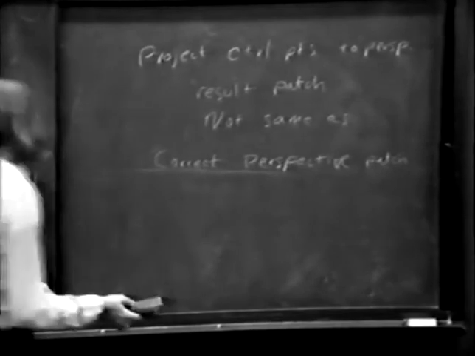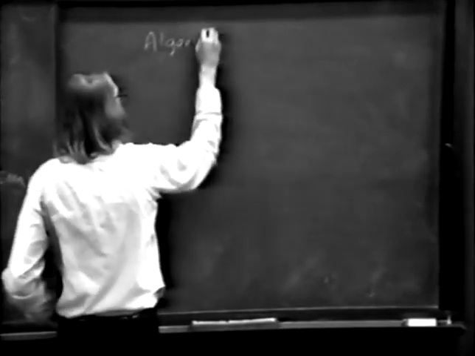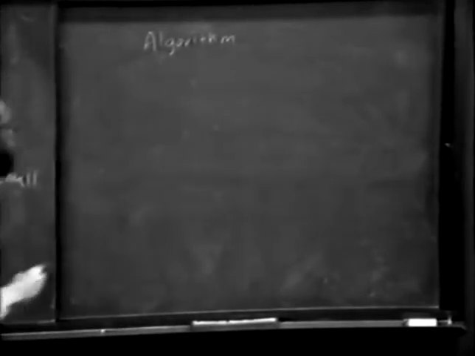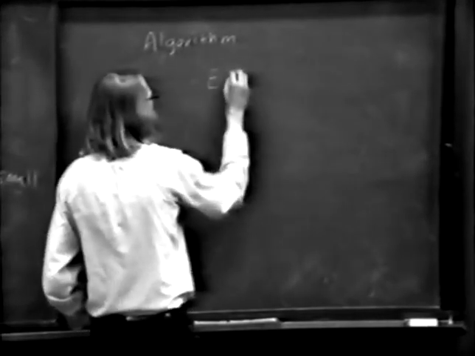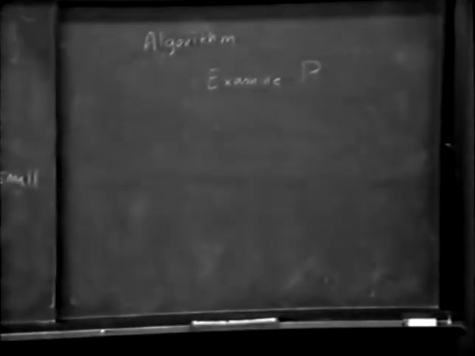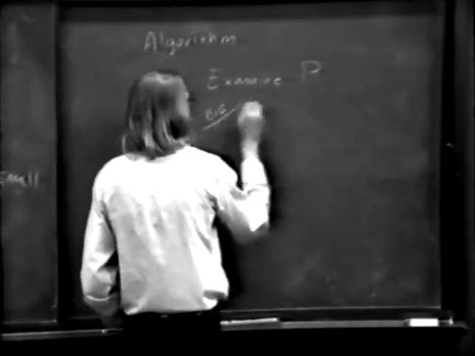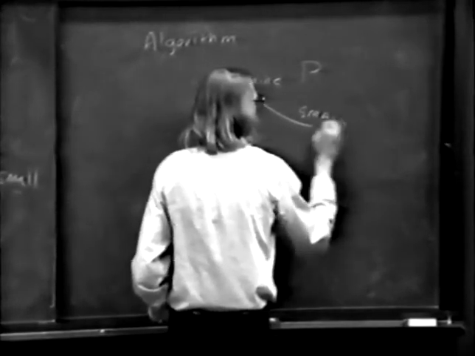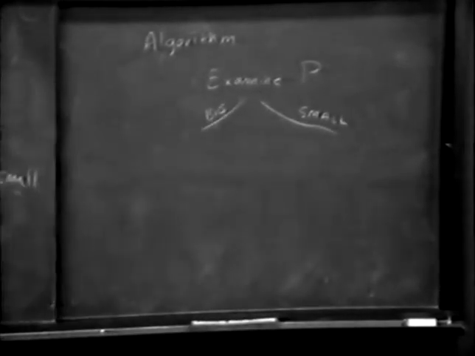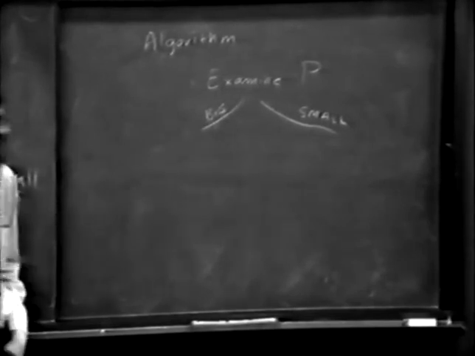So how do we put this into an algorithm? We start out, we examine the patch that somebody hands us to see if it's bigger than a pixel or smaller than a pixel, just by taking the maximum x and y. Let's assume that it's bigger than a pixel.